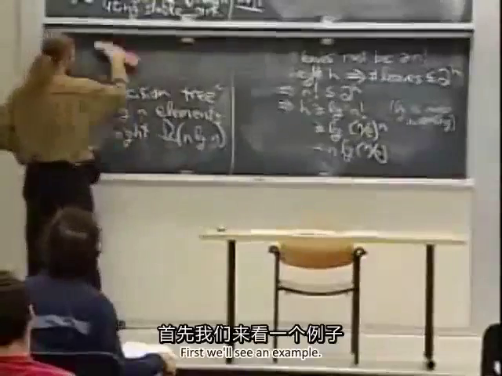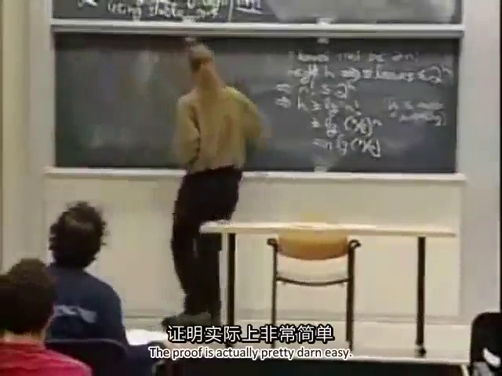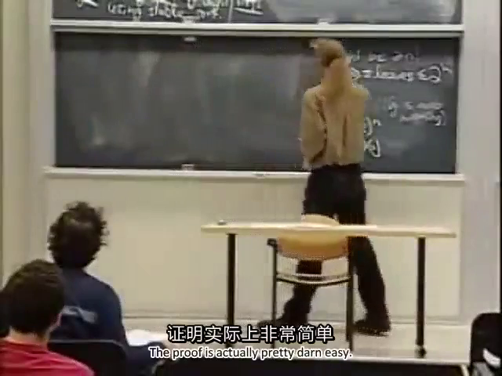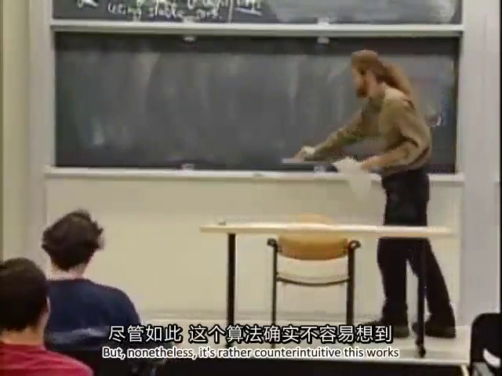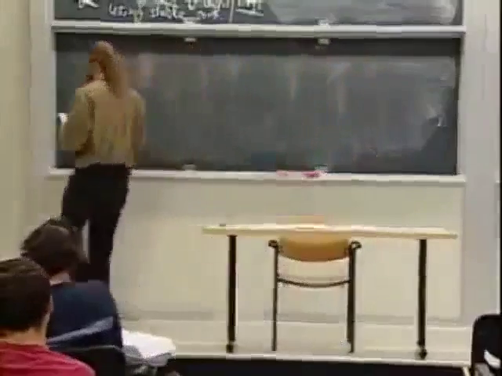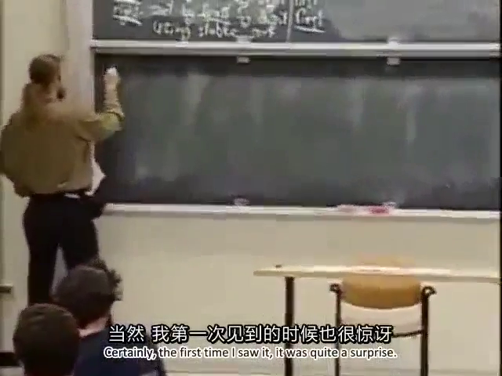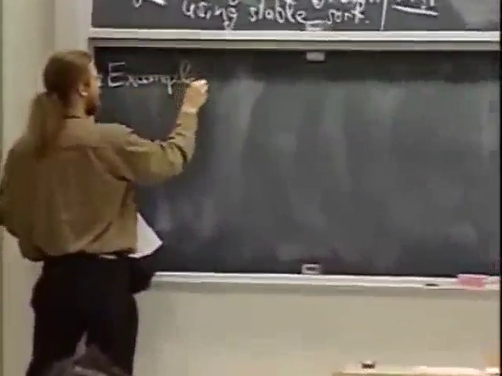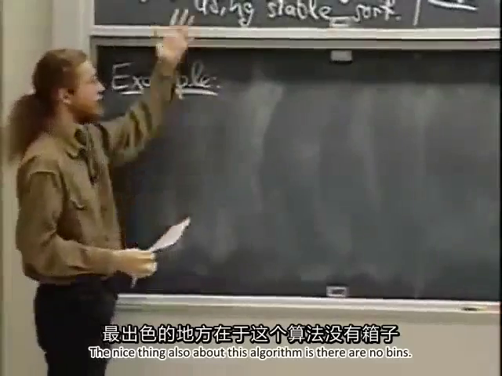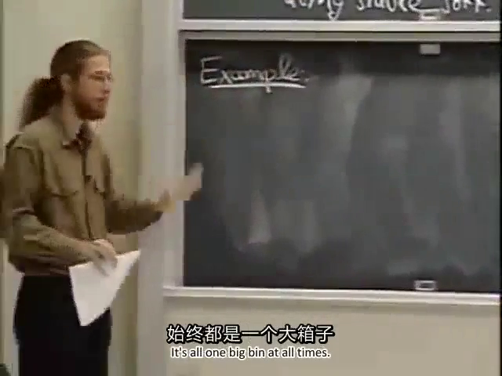So first we'll see an example, then we'll prove the theorem. The proof is actually pretty darn easy, but nonetheless, it's rather counterintuitive that this works if you haven't seen it before. Certainly the first time I saw it, it was quite a surprise. The nice thing also about this algorithm is there's no bins. It's all one big bin at all times.